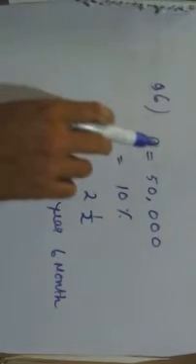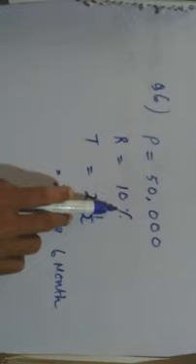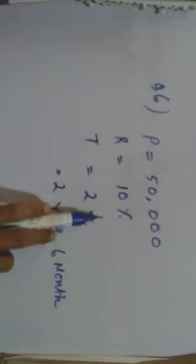Now I will do question number 6. Find the compound interest. Here the principal is given 50,000, rate of interest 10%, again compounded half yearly, and time is given 2 and half years.